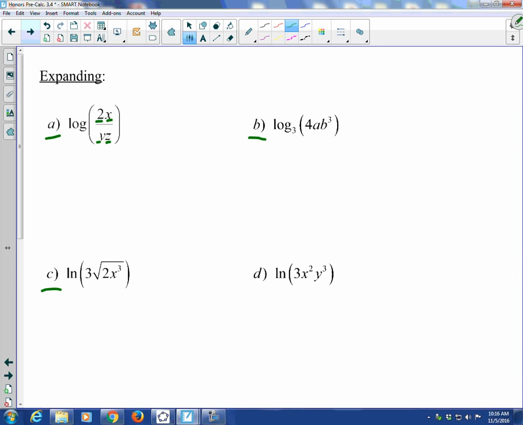And what this means is we're going to expand out to 2 positive logs for the 2 things we're multiplying in the numerator and 2 negative logs for the things we're multiplying in the denominator. So we can expand this expression out into the common log of 2 plus the common log of x minus the common log of y minus the common log of z.